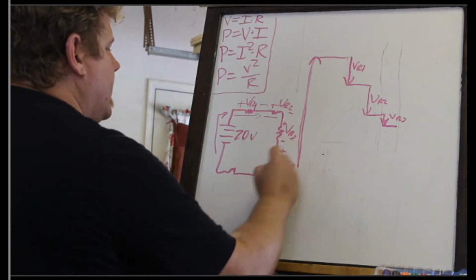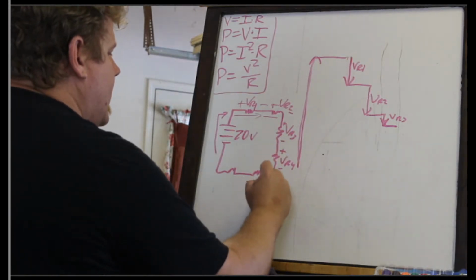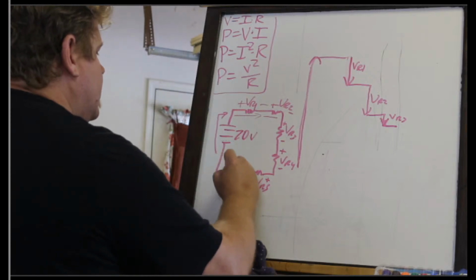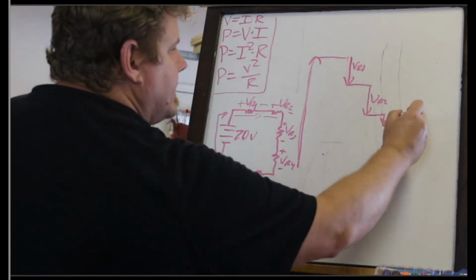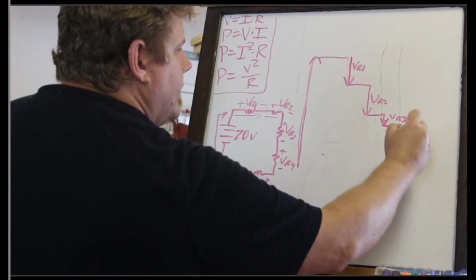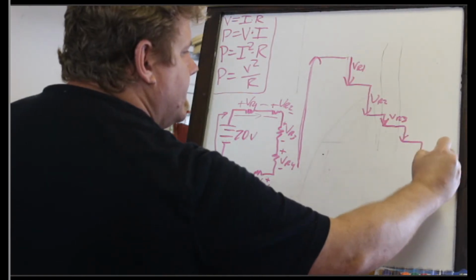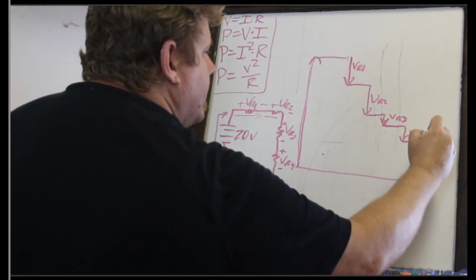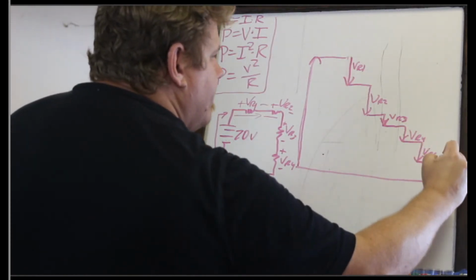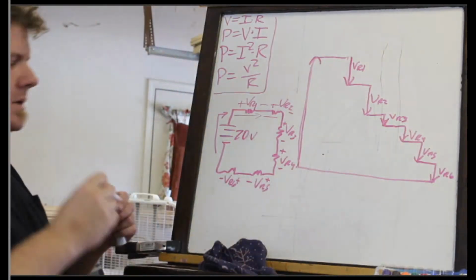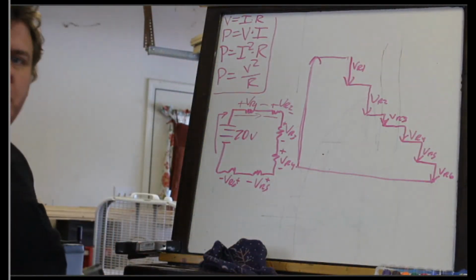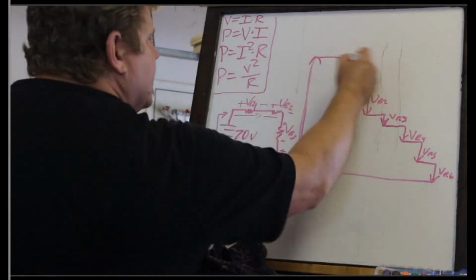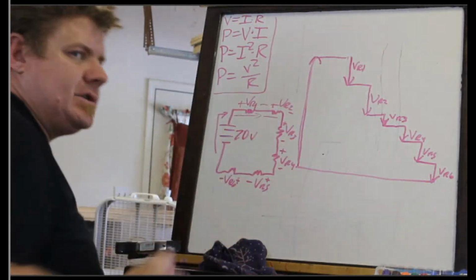So VR4, VR5, and VR6. And then you come back to here. Essentially that's what's happening throughout the circuit, and how big each step is determined by the resistor size.